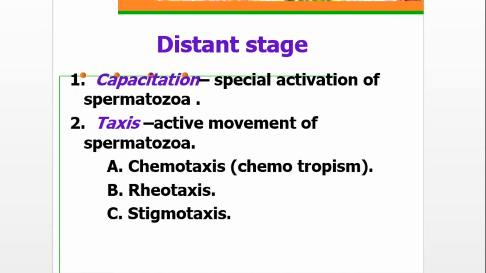It's very helpful for movement and interaction between the sperm cell and the secondary oocyte. And this first subphase of the distant stage is named capacitation.